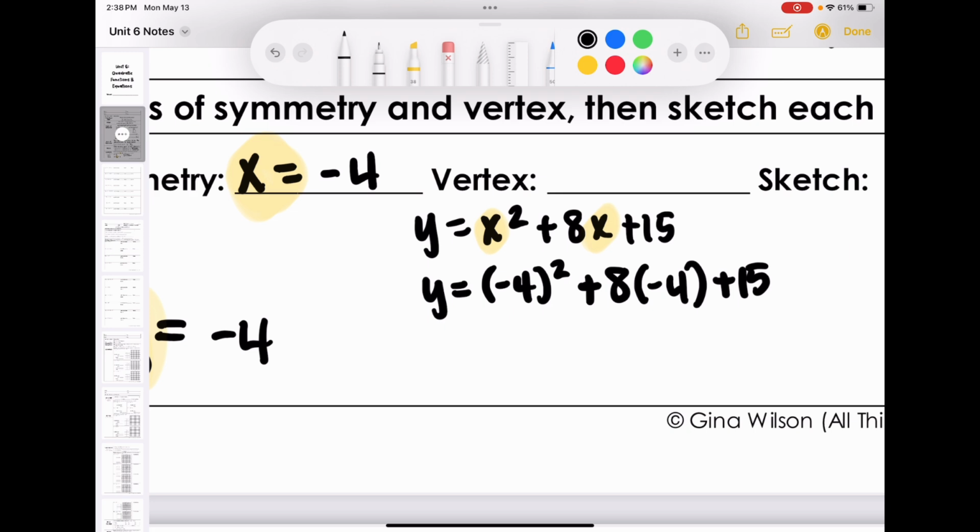Make sure you're writing it down with all the parentheses like I am. Then you can type that into your calculator, and it will give you a -1. So our vertex is a point, it's x comma y. So our x is our axis of symmetry, and our y is whatever number we just found.